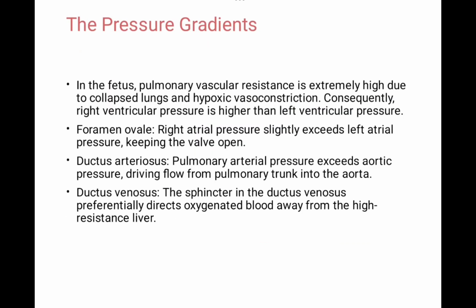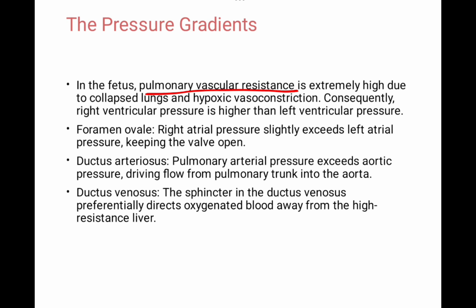So, pressure gradient difference. Most of this movement of blood is a result of pressure gradient. In the fetus, the pulmonary vascular resistance is extremely high due to the collapsed lung. The lungs are collapsed, so the resistance in the blood vessels is very, very high, with hypoxic vasoconstriction.